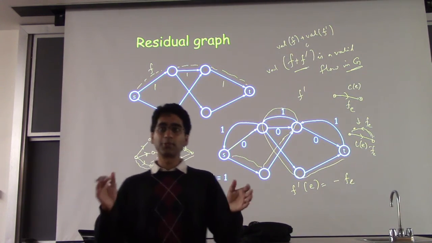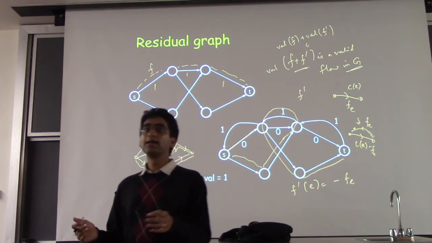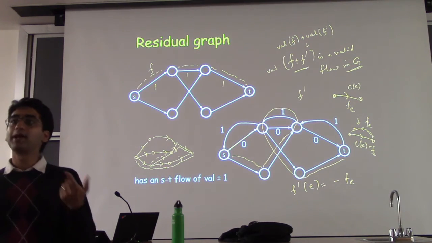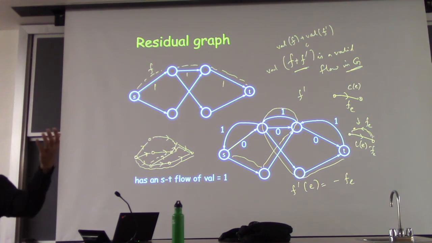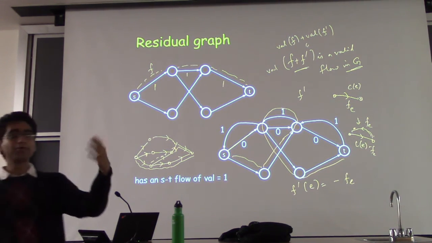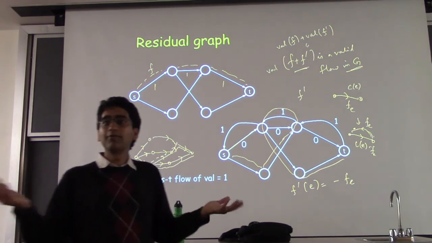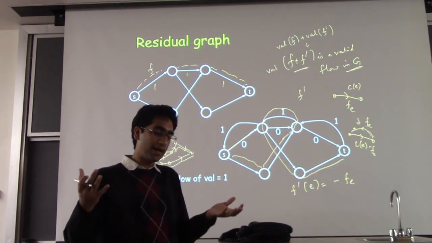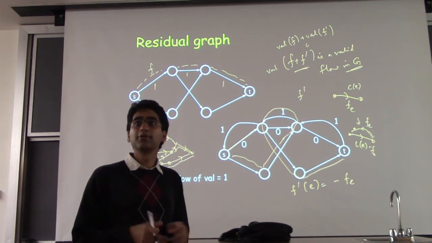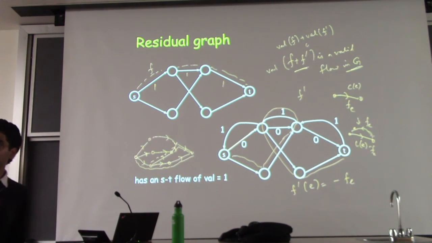The algorithm is just one step to the next, and because F plus F prime is a valid flow in the original graph G, at the next step you are basically back in the previous situation. You just have a new flow, but it's a valid flow in the original graph.